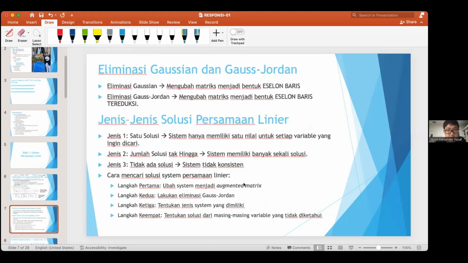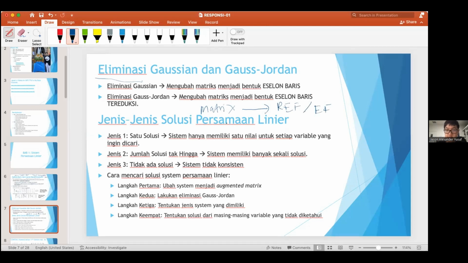Okay, so next we're going to study elimination. So what is elimination? Let's say you're given a matrix. You are asked to convert it to reduced echelon form or just a regular echelon form.